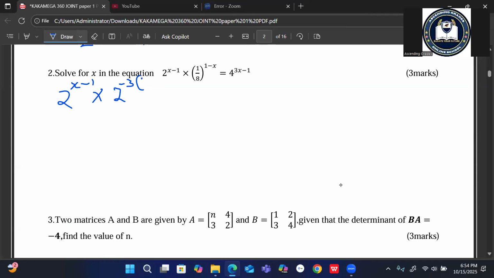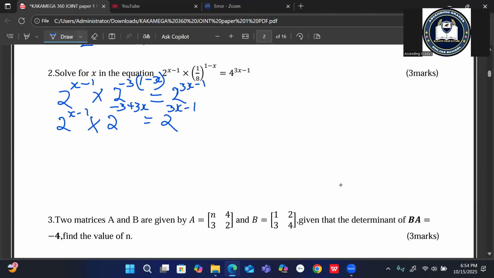Then we have 1 minus x, equal to 2 power 3x minus 1. So we will have 2 power x minus 1 times 2 power -3 plus 3x, is equal to 2 power 3x minus 1.